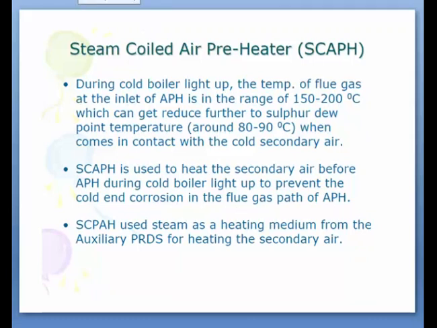In a nutshell, when the available temperature of flue gas at the inlet of the air preheater is low, in the range of 150 to 200 degrees centigrade, and that flue gas passes through the air preheater after transferring its heat to the incoming cold secondary air, its temperature may fall further, and there will be chances that it can go down to the dew point temperature of sulfur.